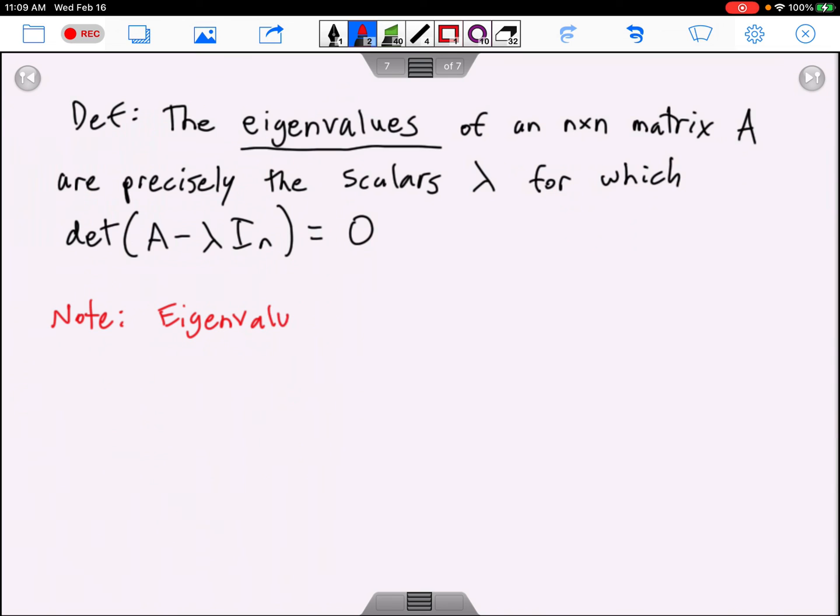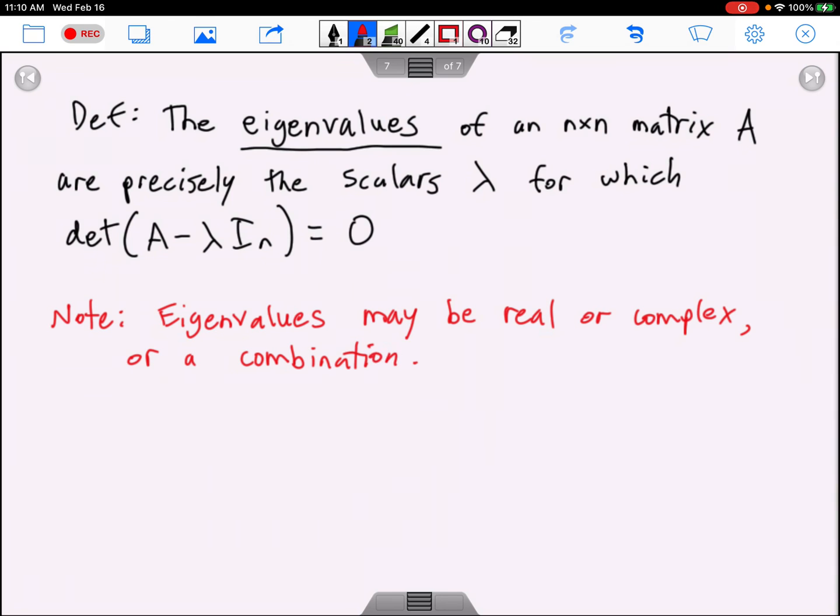Eigenvalues may be real or complex or a combination. In other words, you might have some real eigenvalues and some complex eigenvalues because you're just finding the roots of a polynomial.